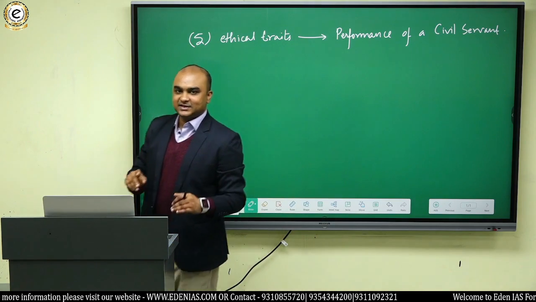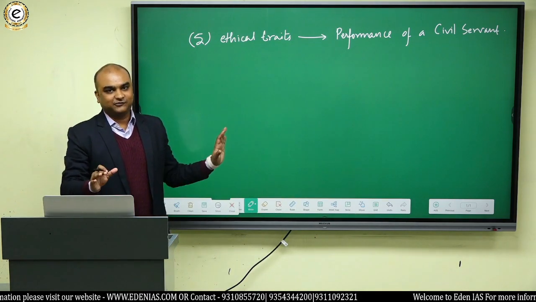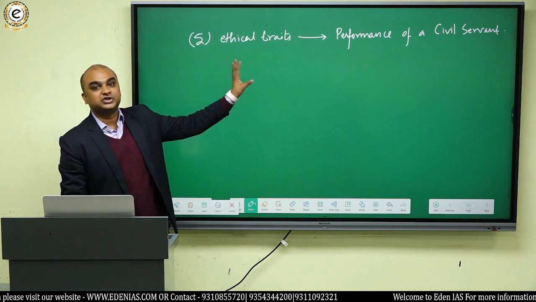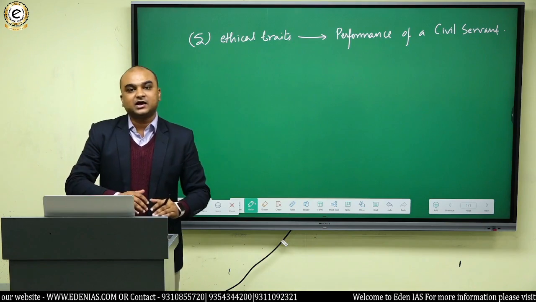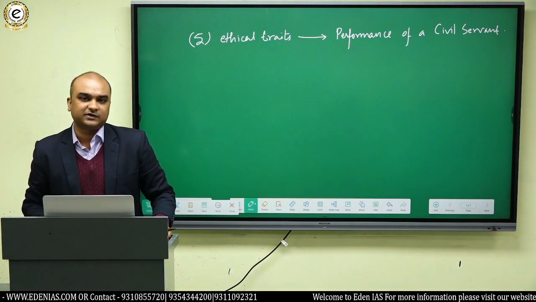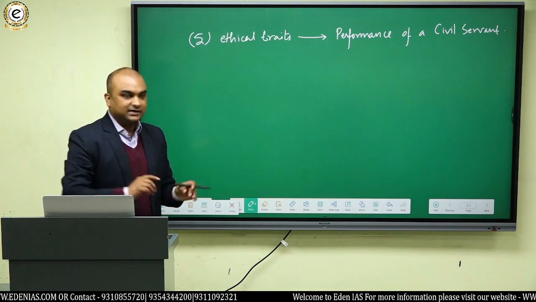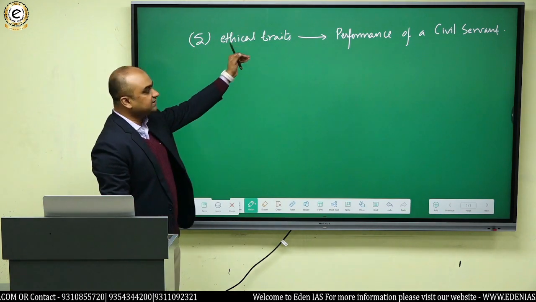Further, the question says justify how these 5 traits are enough to determine or judge the performance of the civil servant, or these 5 traits are the most important traits while you are evaluating the performance of a civil servant. So let's understand the meaning of this term first, ethical traits.